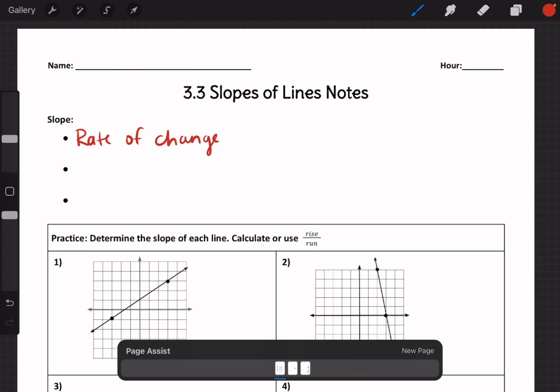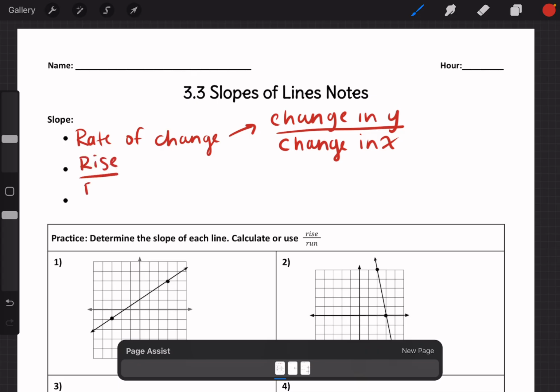So if we're talking about rate of change, that means we're talking about change in y over change in x. If we're talking about on a graph, then we're talking about rise over run.